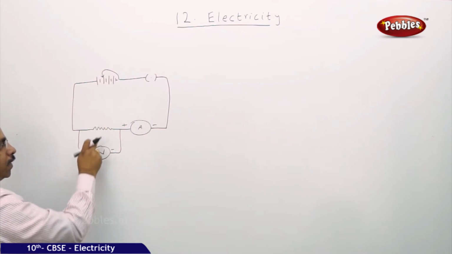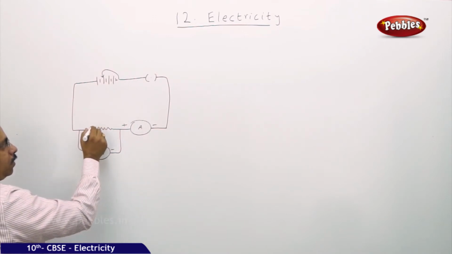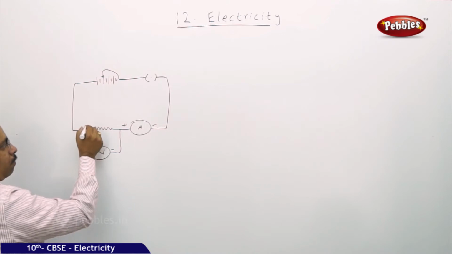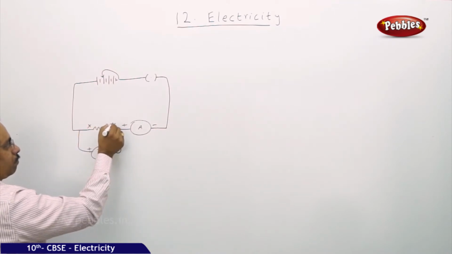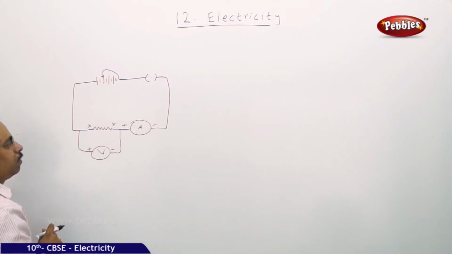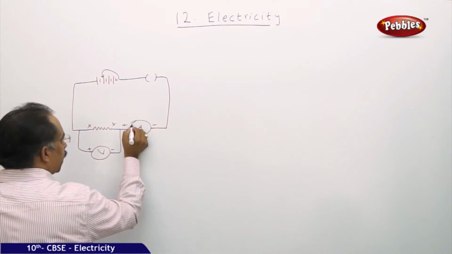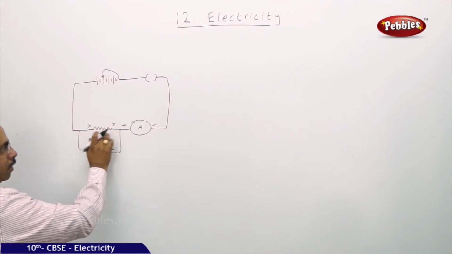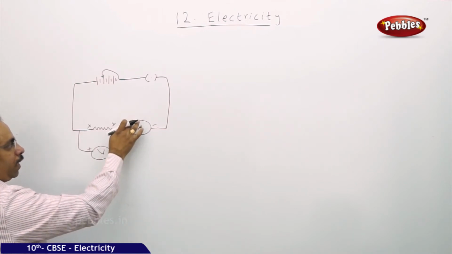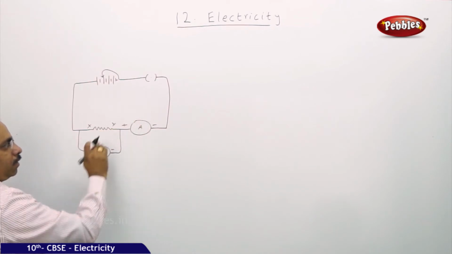Check the potential difference across this resistor, say R, with endpoints X and Y. I wanted to check every time the current passing through the conductor, so I am fixing an ammeter in between.